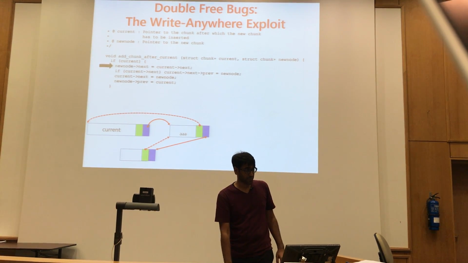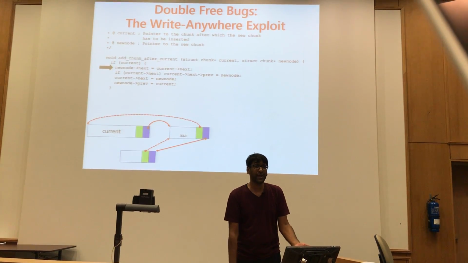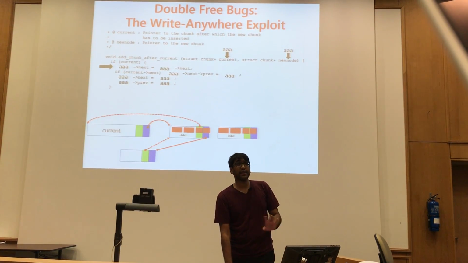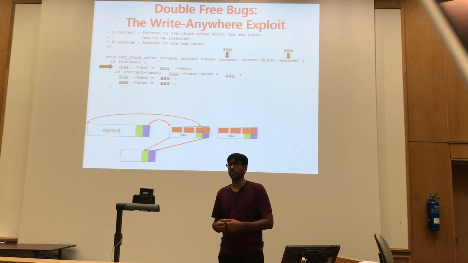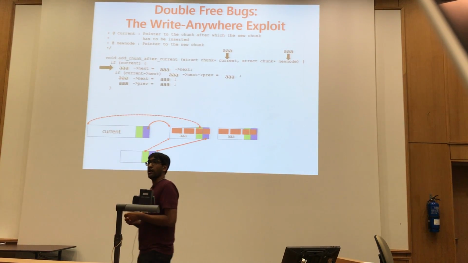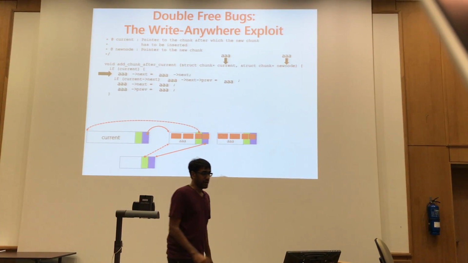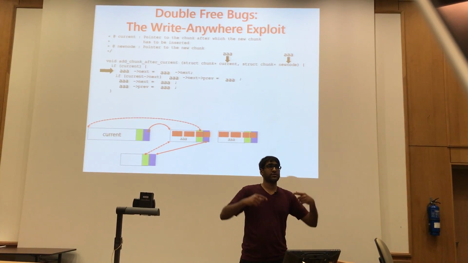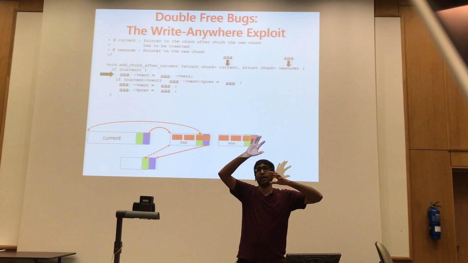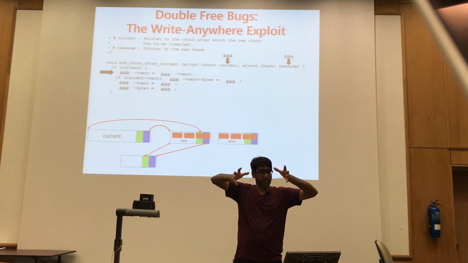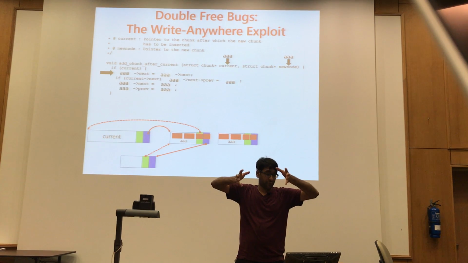So you are able to, for instance, manipulate pointers in a way that gives you an arbitrary write anywhere exploit. The attacker is going to be able to control which memory location is written. And this happens in a double free. So for instance, you've got a free list in the C library implementation, and you freed a block of data, so it's being added to the free list here.